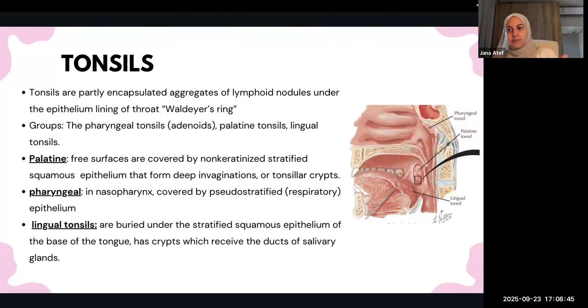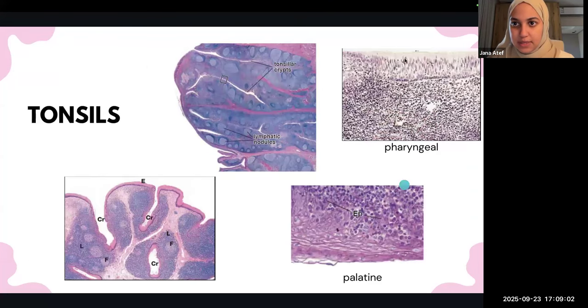So you just need to know the difference between them. Palatine tonsils are covered by non-keratinized stratified squamous epithelium. Big words, but you took this in the beginning, okay? Non-keratinized means no keratin. In the picture right here, see how there is no keratin.